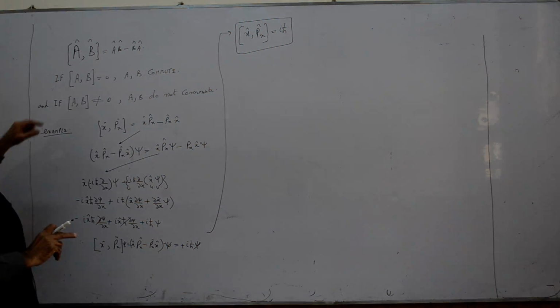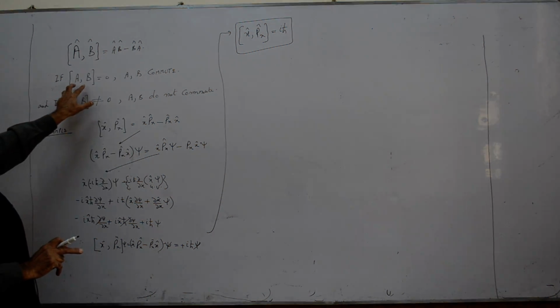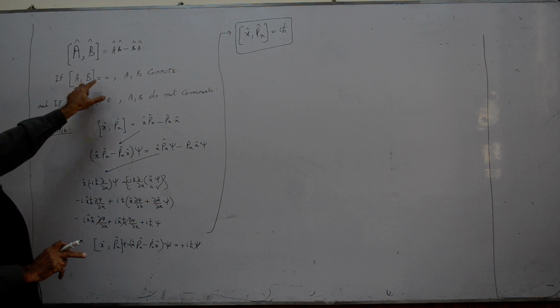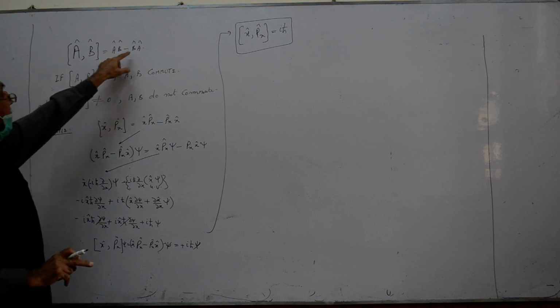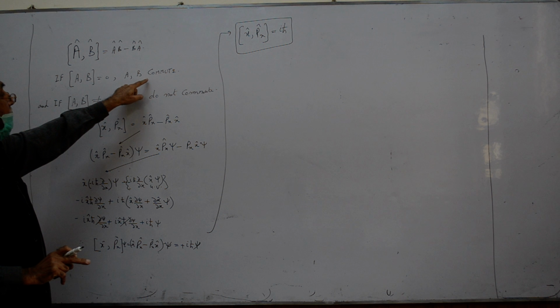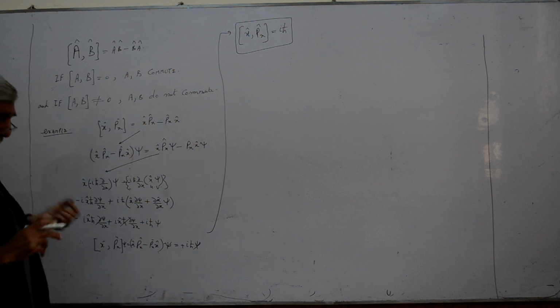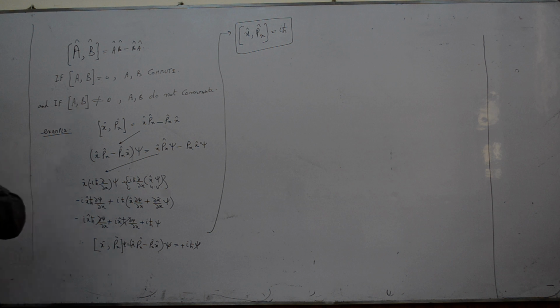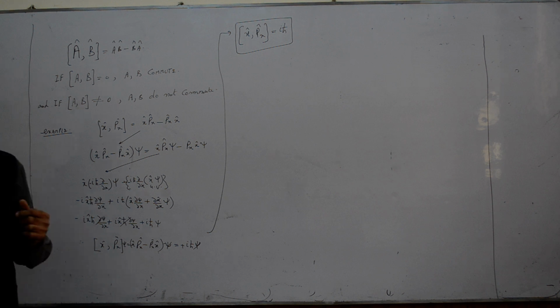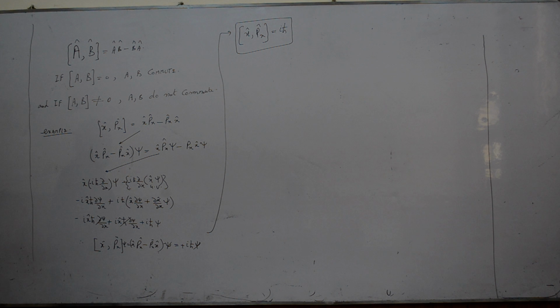of A and B. And if the commutator of A and B is equal to 0, then A and B commute with each other. It means that if you are going to make measurements on two quantities, A and B, then there will be no uncertainty in their measurements if you are making simultaneous measurement on both of them.